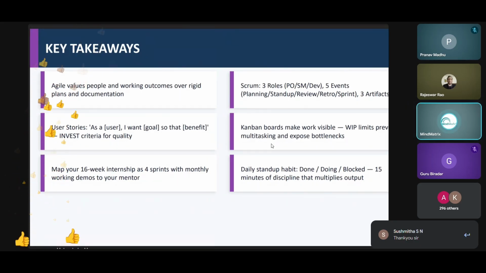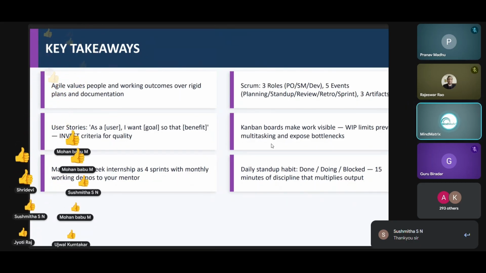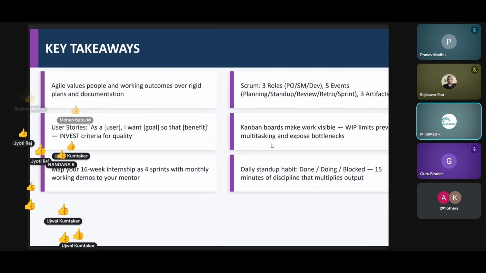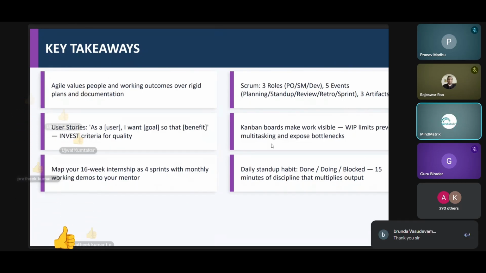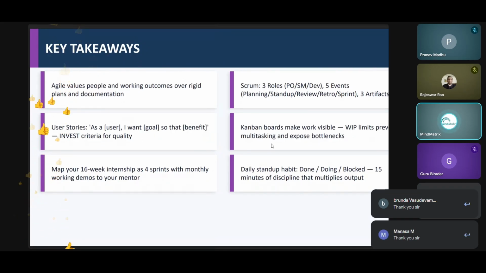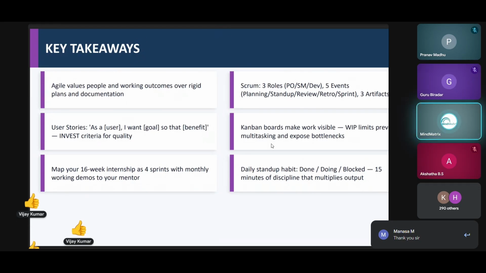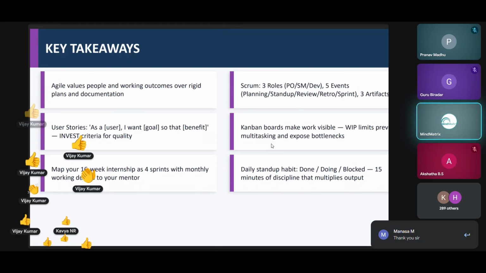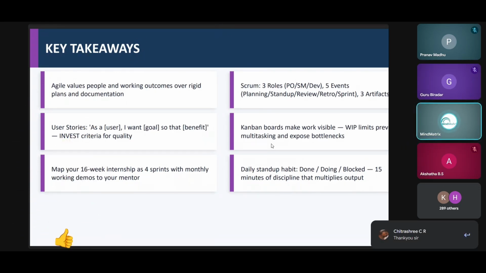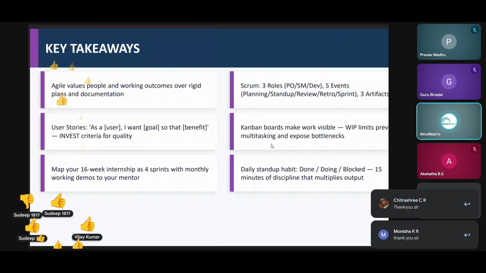Yes. And yes, guys, I hope you were able to take some screenshots during the presentation. Start applying them in your side project right away. Also, there are some people showing thumbs down. If you have any questions, if you have any queries, please mention them in the chat.